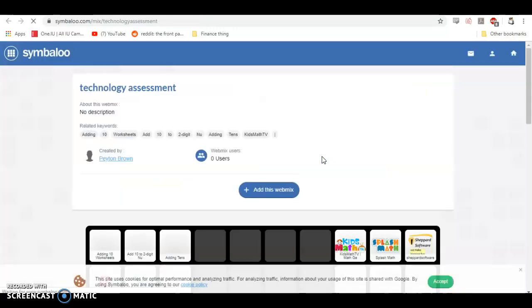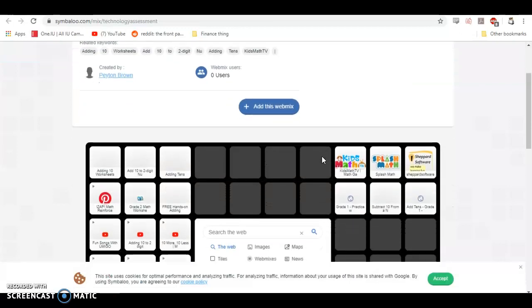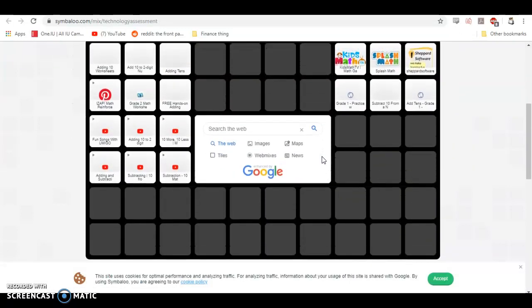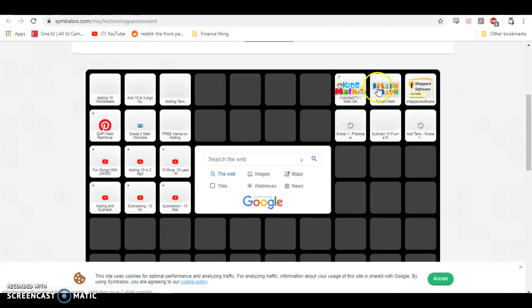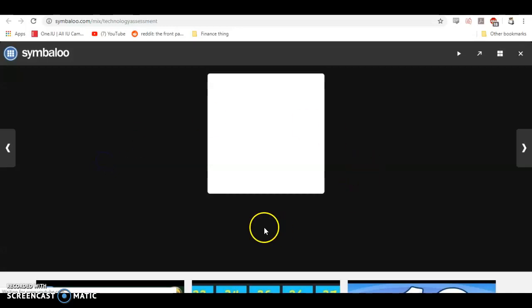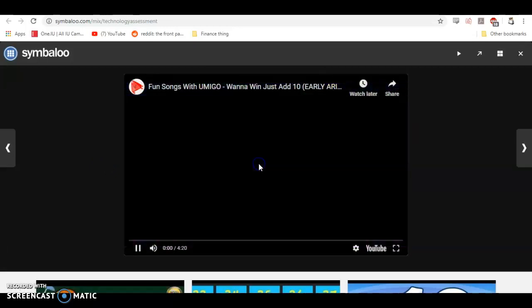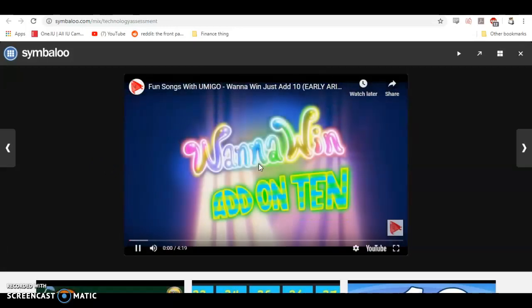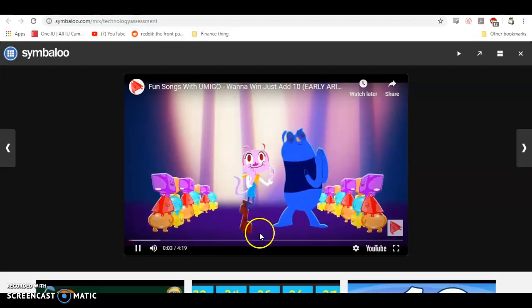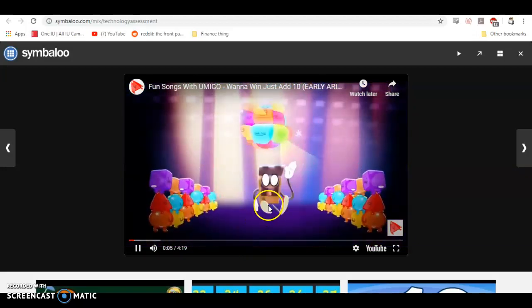Here I have a Symbaloo. This Symbaloo is the technology resource one, so I have various amounts of math games, teacher worksheets, and videos. If you click on any random one, it'll take you to various songs.